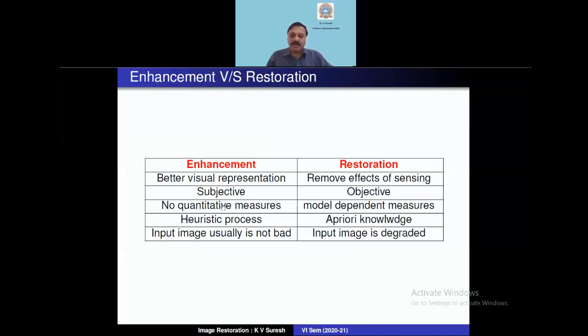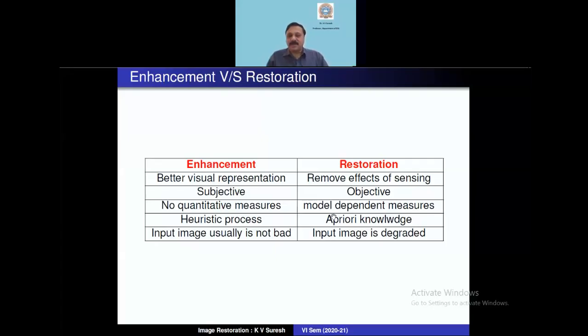But I cannot quantify. That means I cannot say how many edges are improved. Also, if I improve the contrast, I cannot say what percentage of contrast improvement has taken place. That means I cannot give a figure, a number. That means we don't have any quantitative measures. Whereas in restoration, there are measures. Depending on the model that we are using, there are measures.